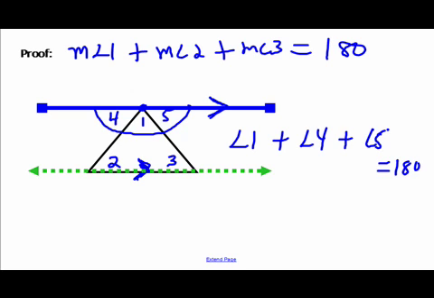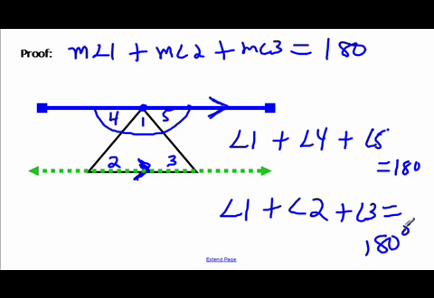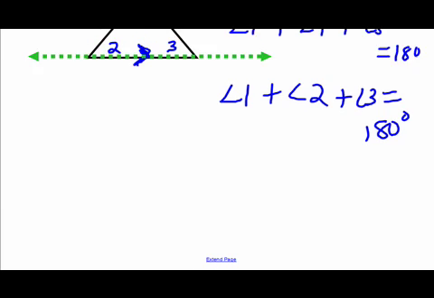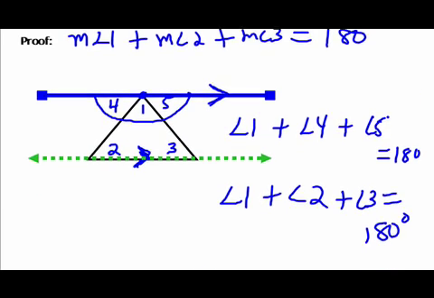Out comes the 4, in goes 2, substitute out the 5, in goes angle 3, and therefore you show that the three angles of a triangle add up to be 180 all the time. You can do this process no matter what the triangle looks like. Any questions there?